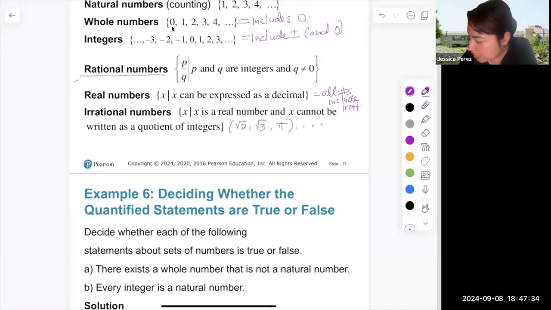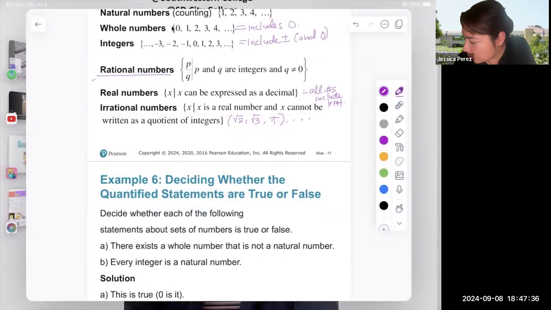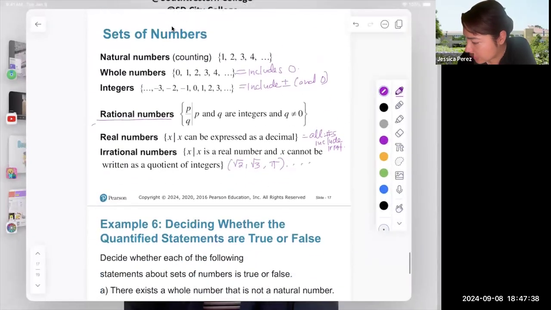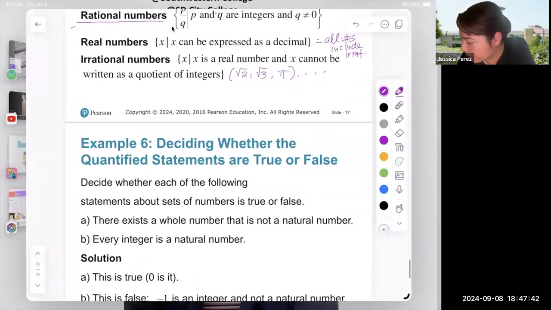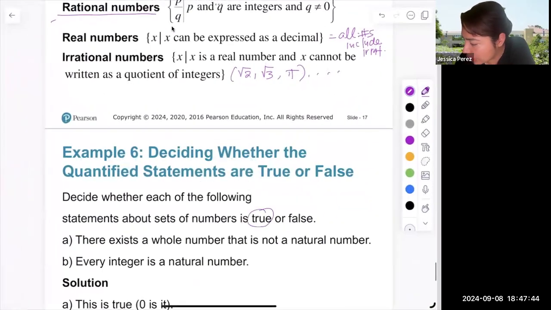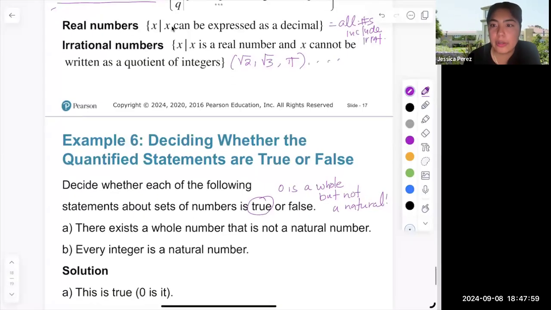That's true. So 0 is a whole number, but not a natural number.